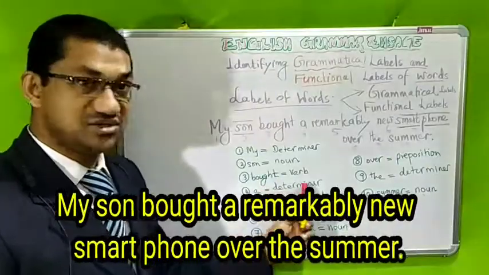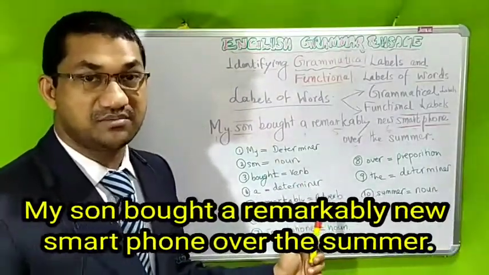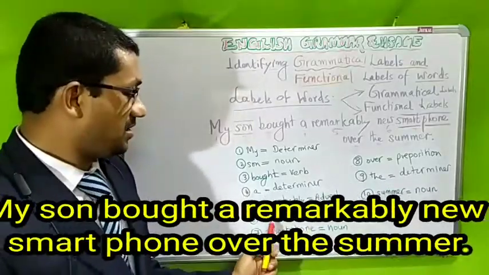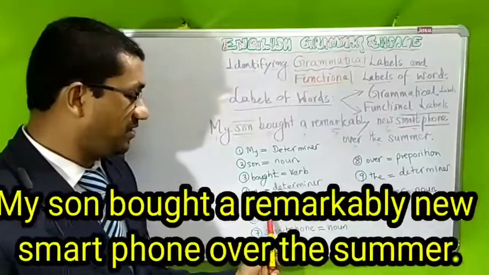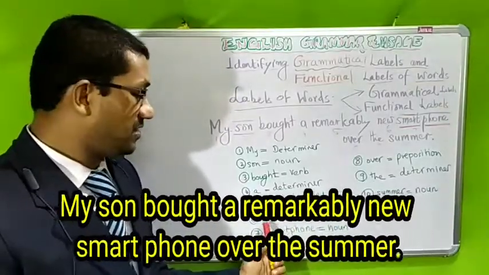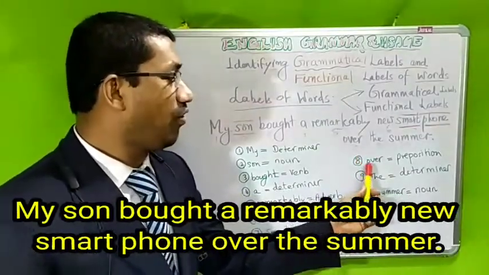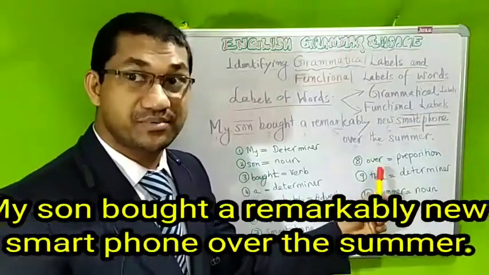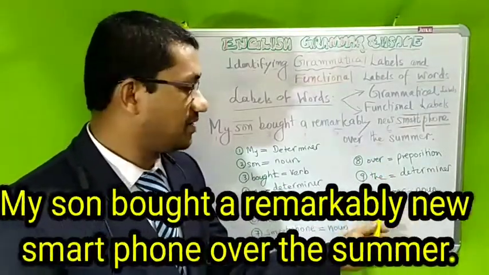"A" is again a determiner, "remarkably" is an adverb, and "new" is an adjective. So the adverb "remarkably" is used to modify the adjective "new". "Smartphone" is a noun, "over" is a preposition, and "the" is a determiner again.